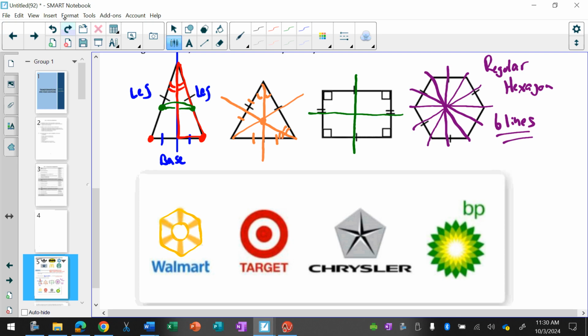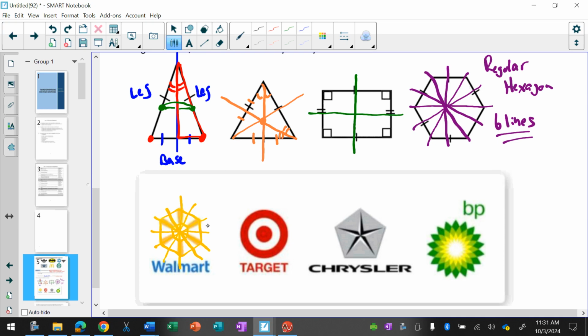Or if you connected those inside pieces, it'd be one hexagon inside of another hexagon. So our lines of symmetry would be very similar to what we just did through each vertex and through each bisected side.